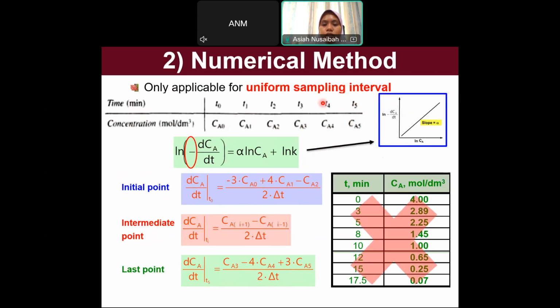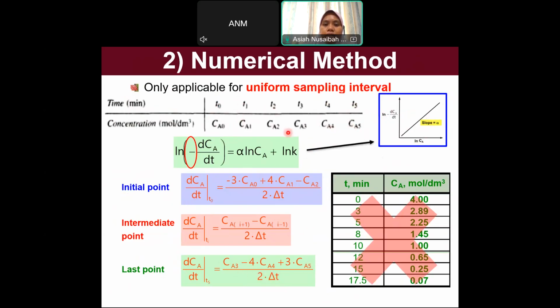So t5 minus t4 is the change. Since it's uniform everywhere, the change is the same actually. So we got the bottom line. So let's say there are more data. Then this last point is only applicable for the last of the data points. Since here we have 6 sets of data, we end with CA5.